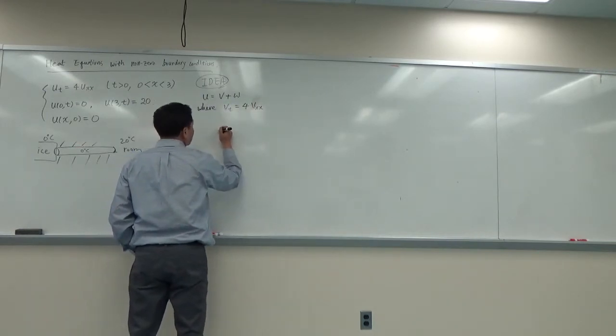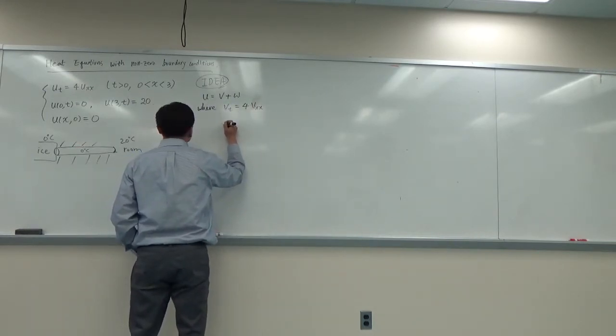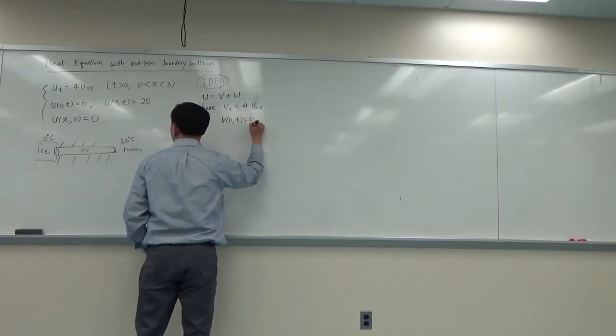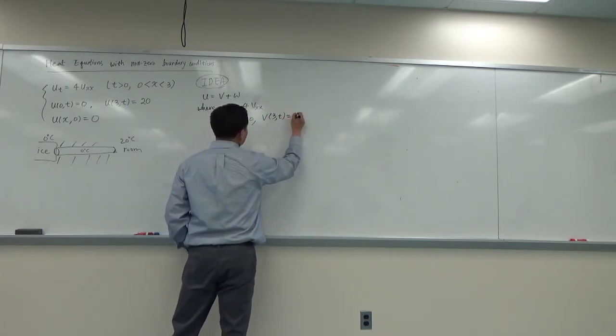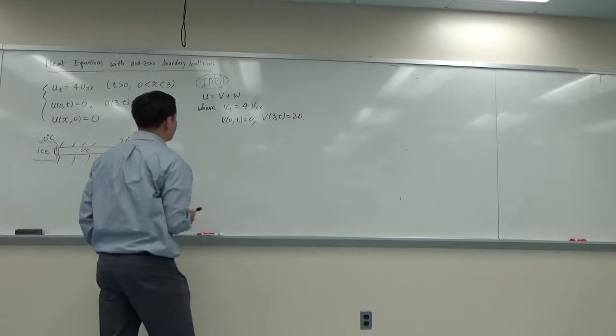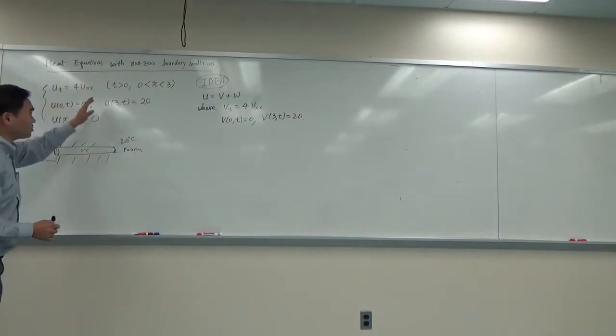And then V of 0,t is 0, and V of 3,t is 20. Okay, so it satisfies these two.